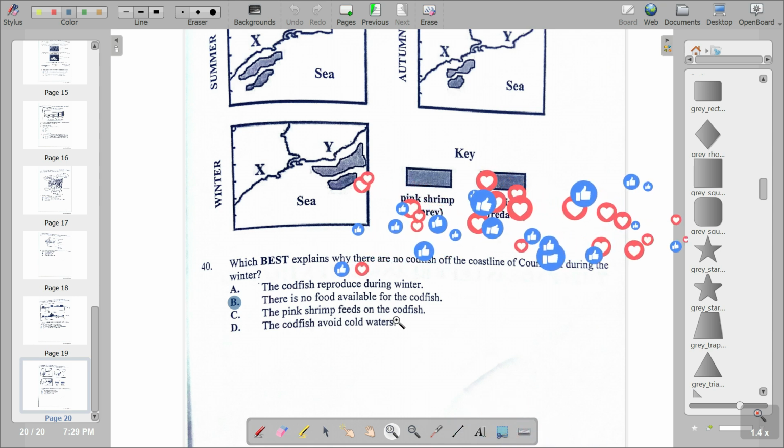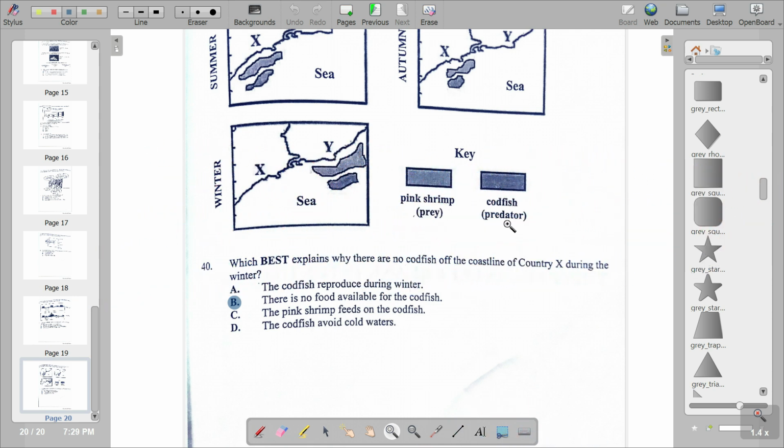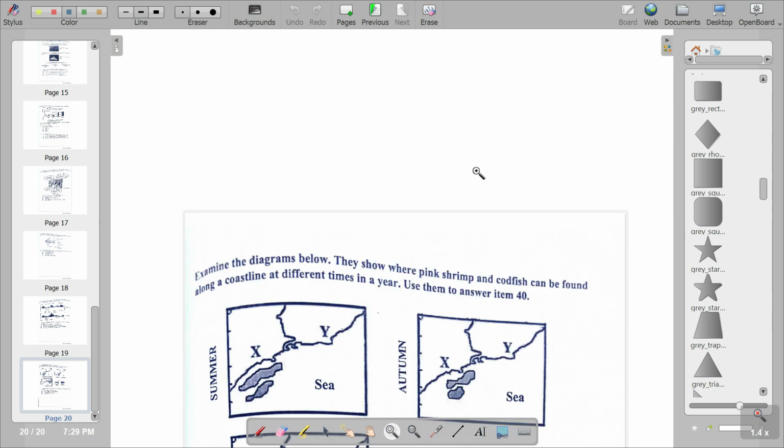It's not that the pink shrimp feed on the codfish, because they're the prey, not the predator. The codfish avoid cold water? I don't think so. They love cold water. The codfish reproduce during winter? That's not true. So the best answer is there is no food available for the codfish, because the pink shrimp would have left to Y and the codfish have to follow as the predator. And I think that's the last one.